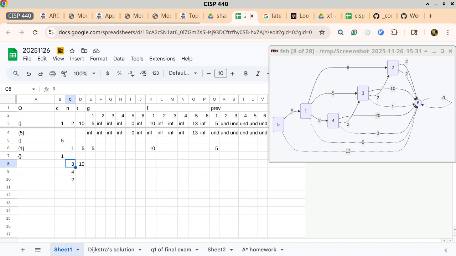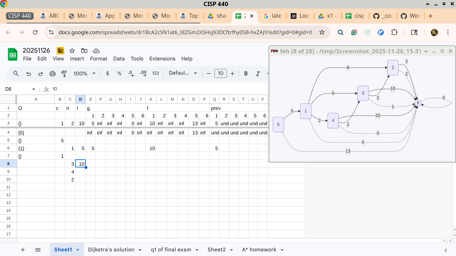It's g of 3. That is correct. And g of 3 is infinity right now. Is 10 less than infinity? Yep. So in other words, we just, quote unquote, found a shorter path from the start vertex to vertex 3. That is the significance of meeting that condition. It says we have just found a shorter path.